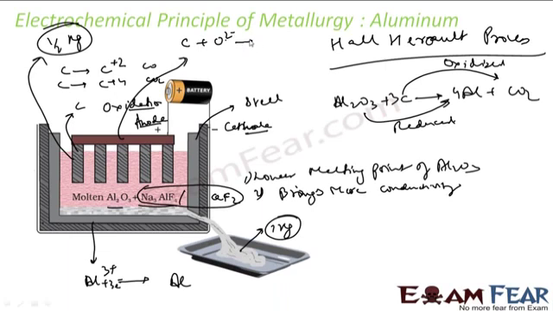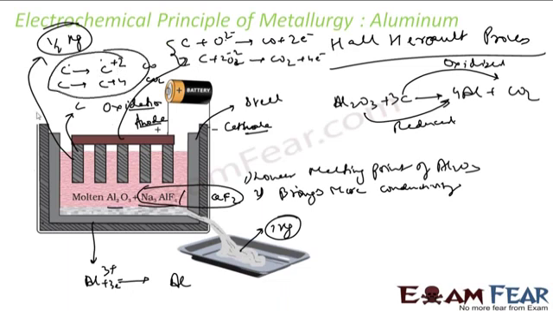It will form CO and give 2 electrons. Similarly, carbon will react with 2 oxygens in the -2 state, forming CO2 and 4 electrons. That means carbon goes from 0 to +4 or 0 to +2. So 2 of these are possible. These are my anode reactions, and this is my cathode reaction.